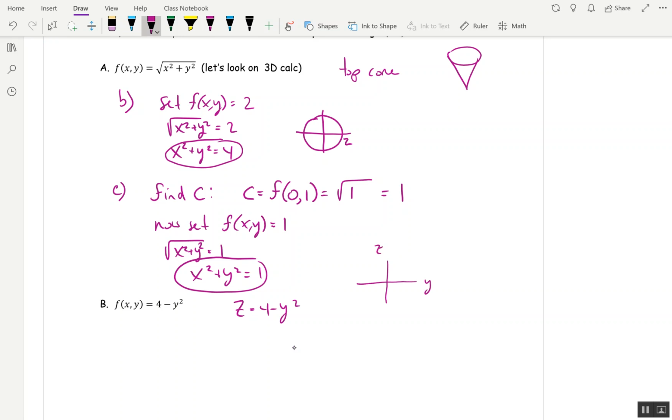Here's Y, here's Z. That's a parabola, and it opens down, right? And then I would extend along the missing variable. So the missing variable's x, and so I'm going to get something that looks like an airplane hangar.